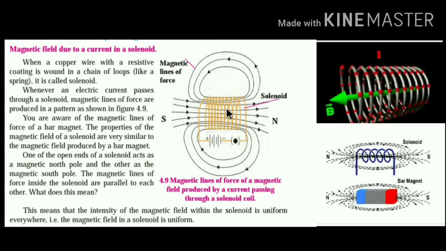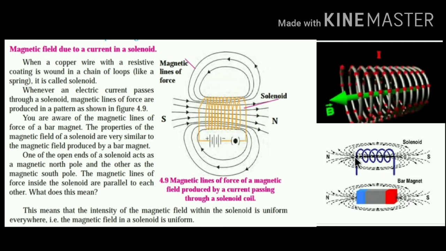So what is that pattern? You also studied it in the previous standard: the magnetic lines of force of the bar magnet. The properties of the magnetic field of a solenoid are similar to the bar magnet. The magnetic lines of force start from the north pole and end at the south pole.